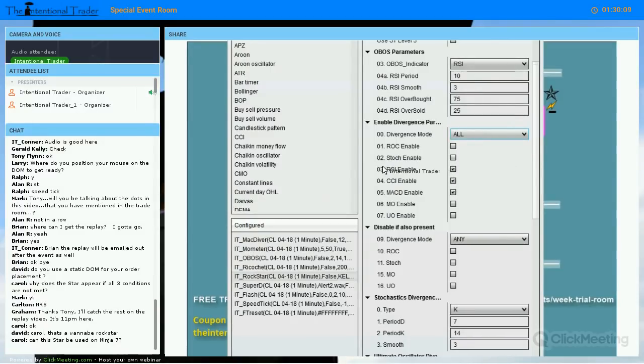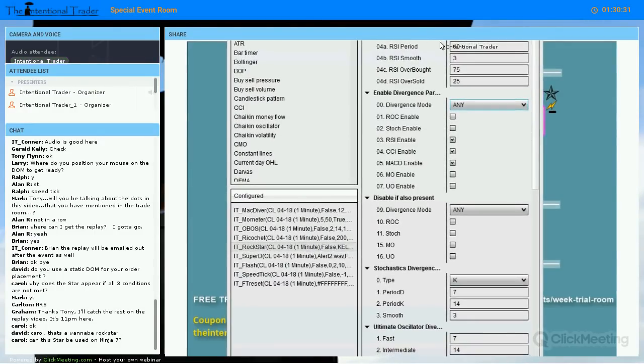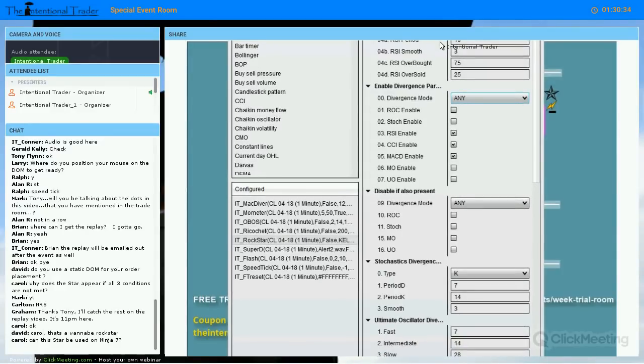So say you only want a signal if RSI, CCI, and MACD are showing divergence, then generate a signal. But if only 2 of them are, don't generate a signal. So you can either have any of them or all of them. We use any. But if you want to be more precise and maybe a little more conservative, you could make it all. No, Carol, it's only for 8.